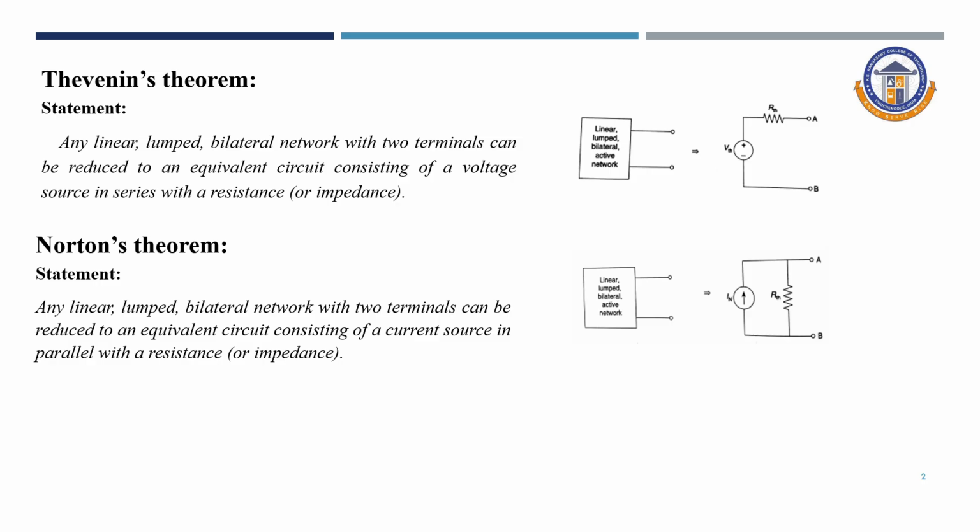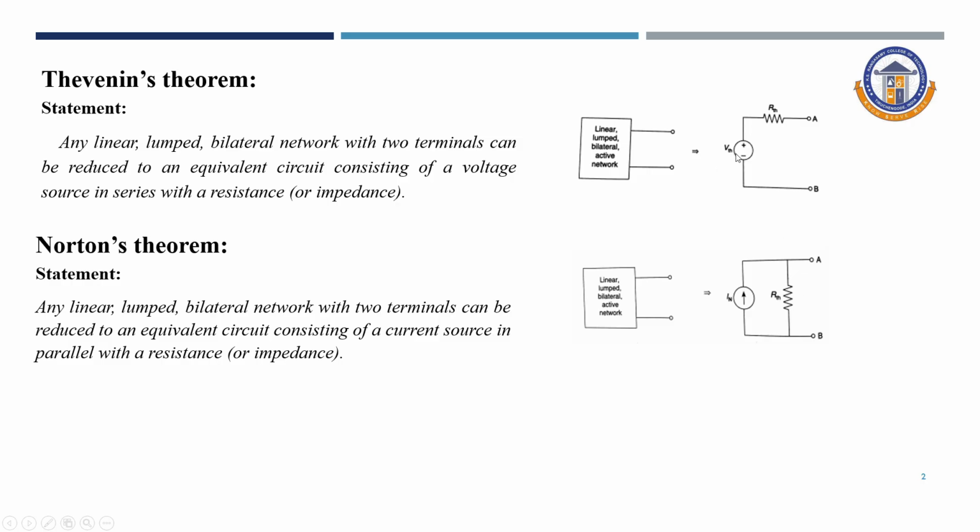So in Thevenin's theorem, I'm going to replace such a circuit with a single voltage source and a resistor connected in series. In the same way, I'm going to represent a single current source and a resistor connected in parallel.